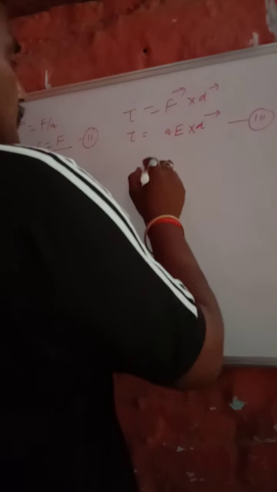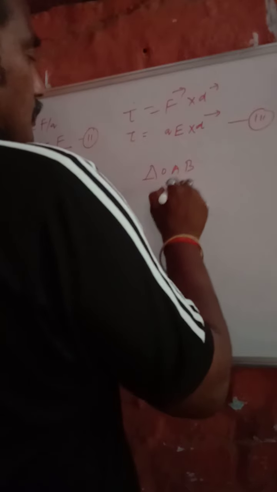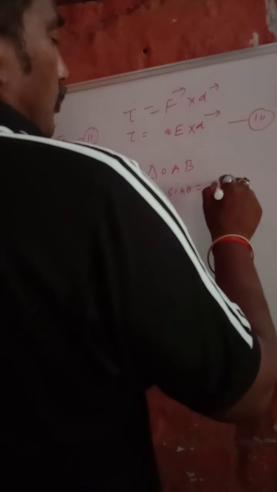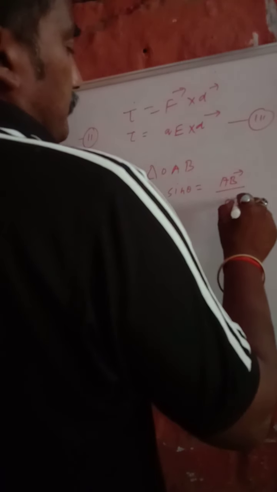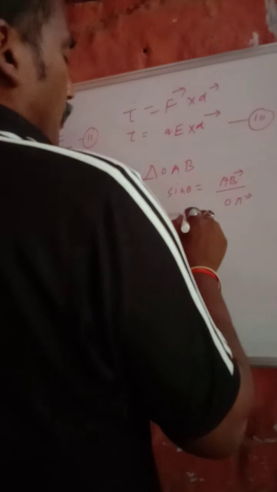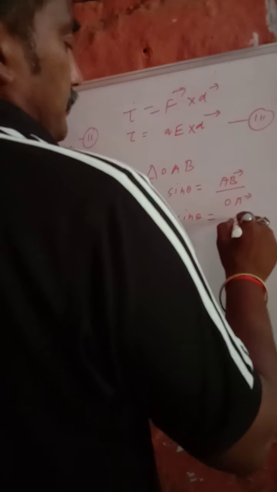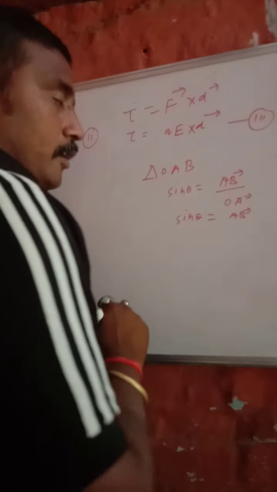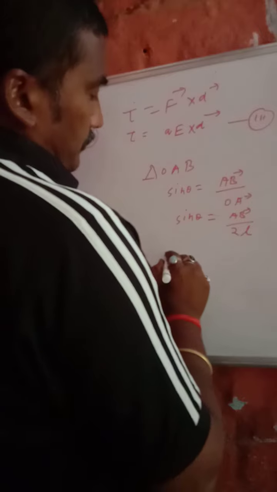Afterward, in the given figure, in the triangle OAB, sin theta is equal to perpendicular upon hypotenuse. Therefore, sin theta is equal to AB upon OA. OA is the length of the electric dipole, plus Q and minus Q, separated by distance 2L.